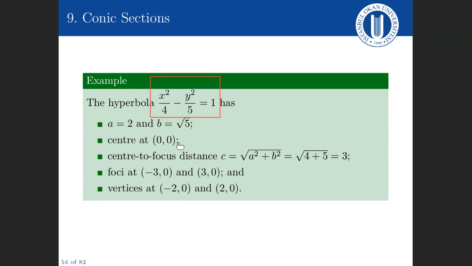The center to focus distance, the square root of a squared plus b squared, we can calculate is equal to 3. And as soon as we know the center to focus distance, we can write down the foci, minus 3, 0 and 3, 0. And we can use a to give us the vertices, minus 2, 0, and 2, 0.